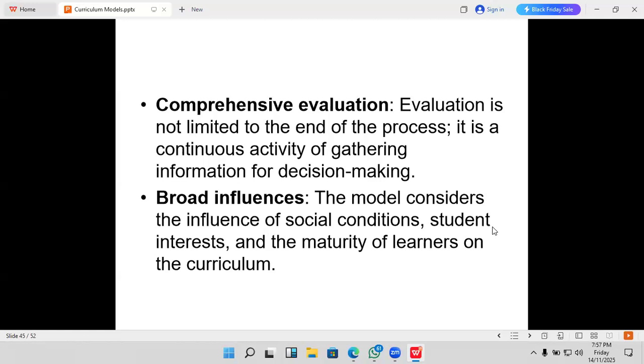According to the earlier model, the teachers taught the children to test, but here the model says we can test the children to teach. Testing for teaching.